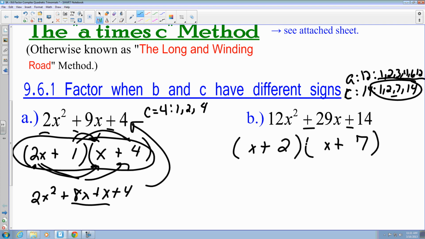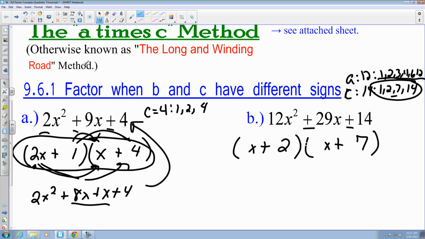Say if I put a 3 here, that would give me 6, and then I'd have to put a 4 here. That would be 28 plus 6, which is too much. So I didn't guess correctly.